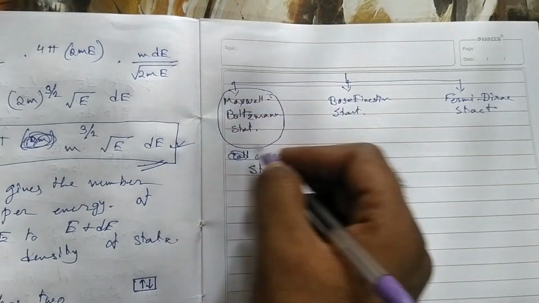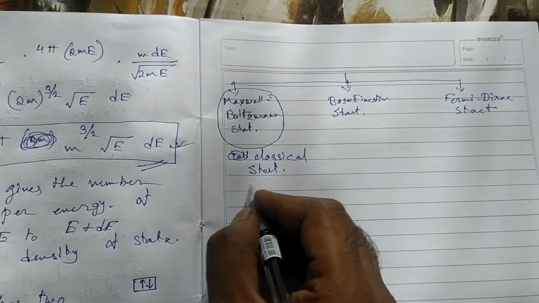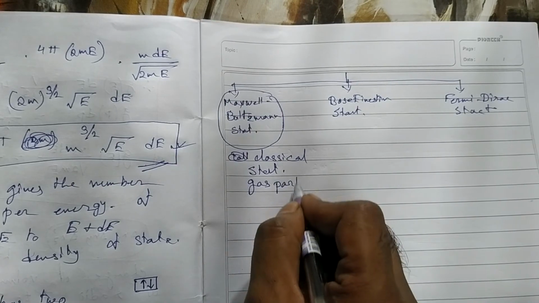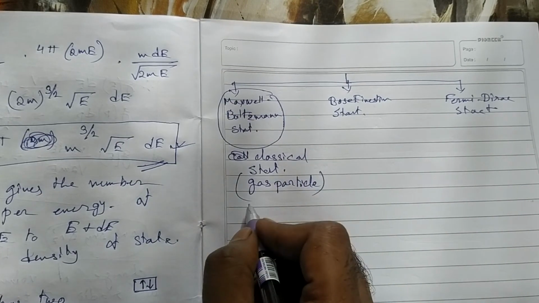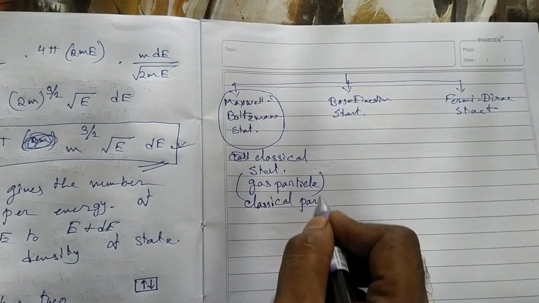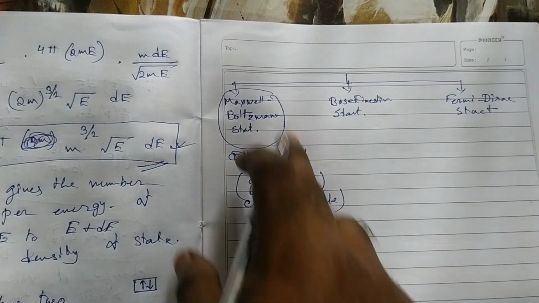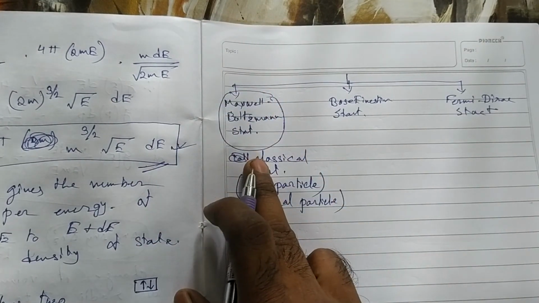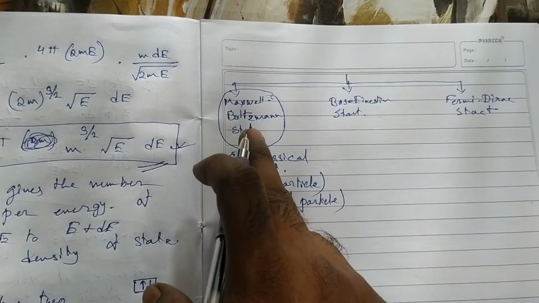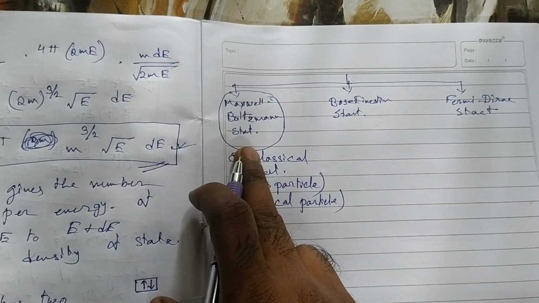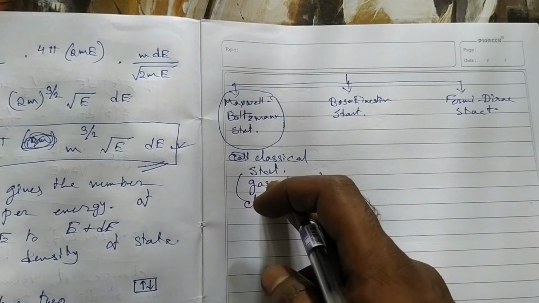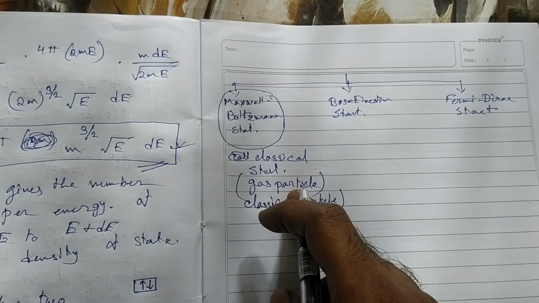This statistics is responsible for gas particles or classical particles. We study the Maxwell-Boltzmann statistics considering the gas particles in terms of molecules or atoms.